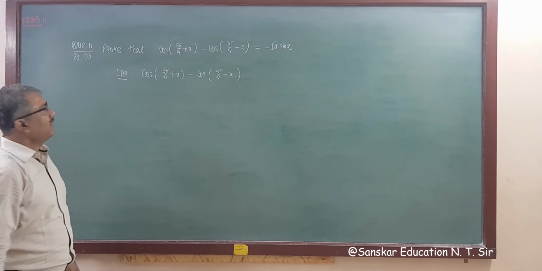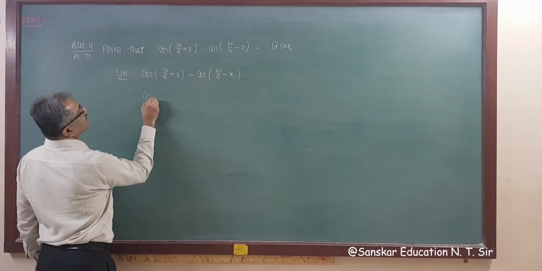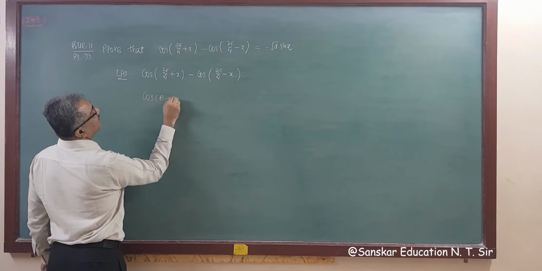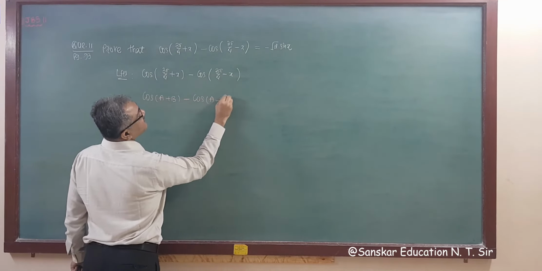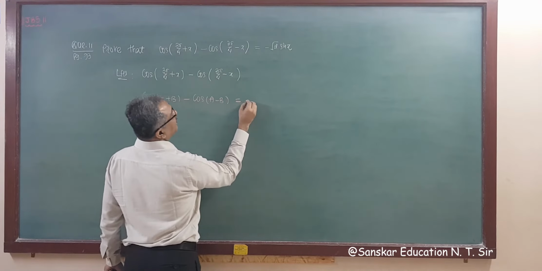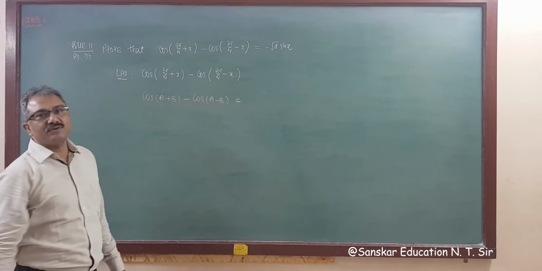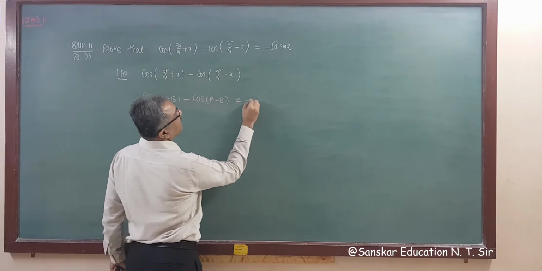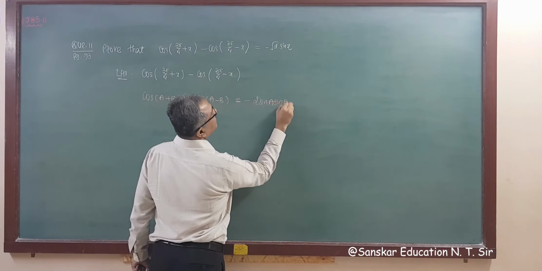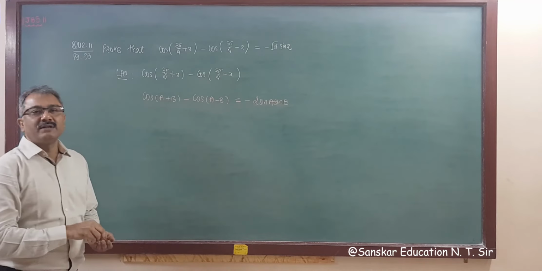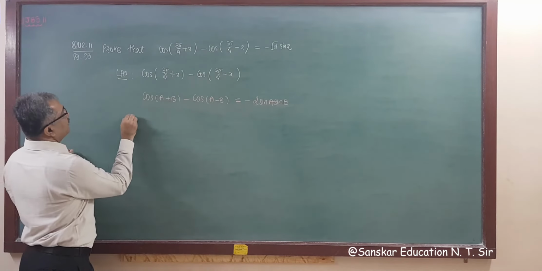Right? Now you have the formula cos(a plus b) minus cos(a minus b) is minus 2 times sin a sin b. This is the formula. So applying this formula, what do we get?